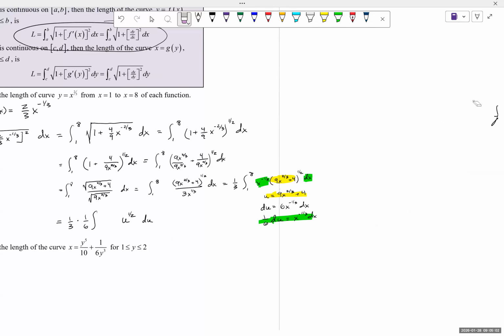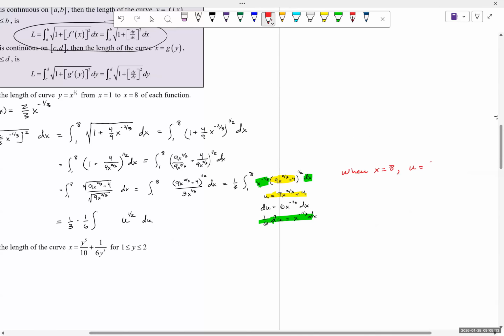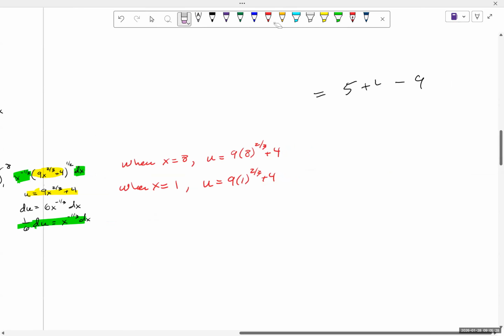Okay, so we have to change the limits of integration. Here we go. I like to do this in red because this is where a lot of mistakes happen. When x equals 8, u is equal to 9 times 8 to the 2/3 plus 4. When x is equal to 1, u is equal to 9 times 1 to the who cares plus 4. So we're changing limits of integration here. 8 to the 2/3.